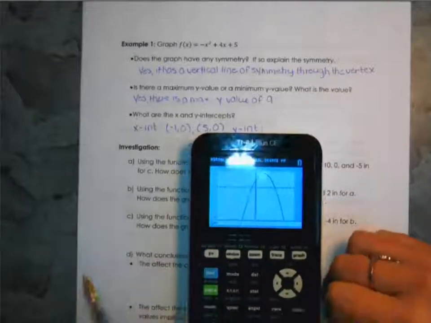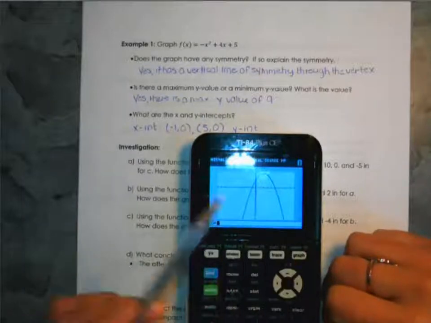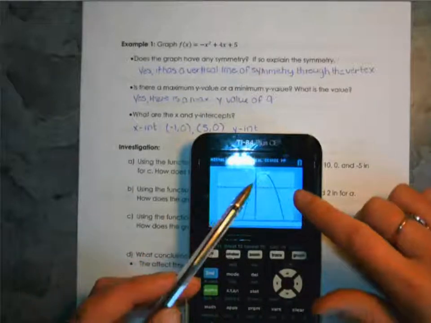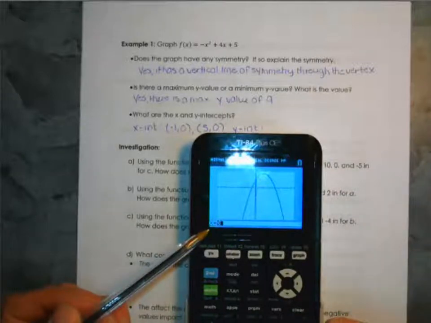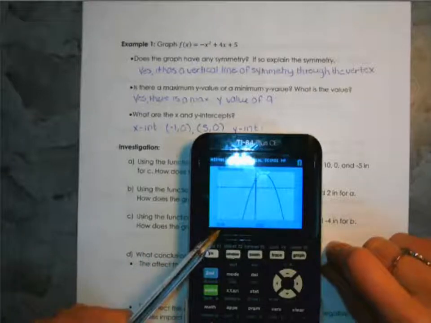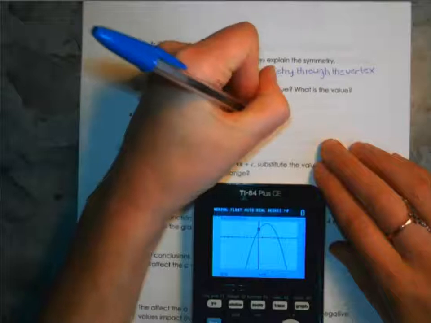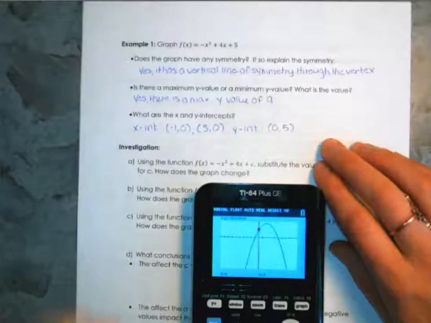That takes me to a place where I can say what is the x value that I want to know the y value for? With the y-intercept, x is always going to be equal to 0. So I just enter the number 0, hit enter. And I can see when x is 0, y equals 5, which is my y-intercept. So I can write down 0, 5.